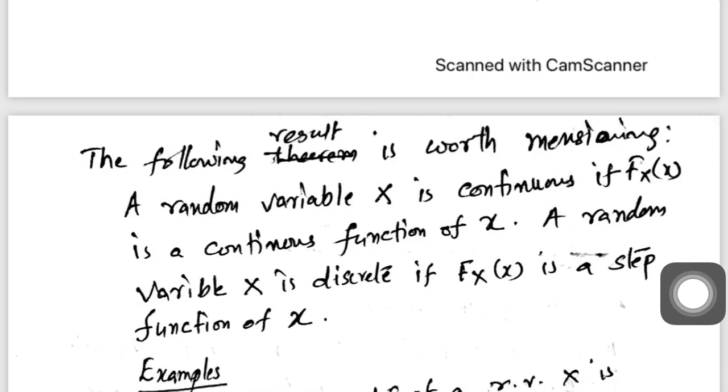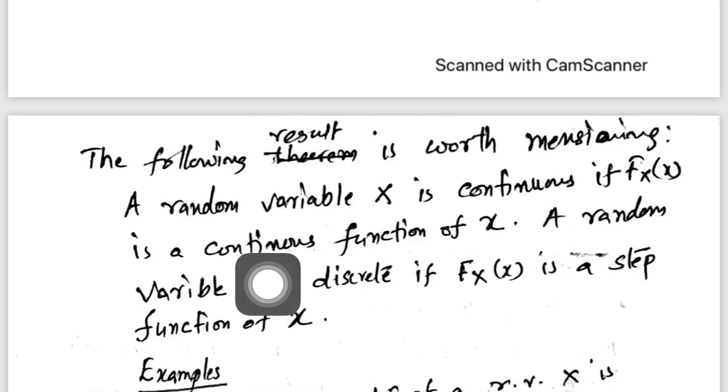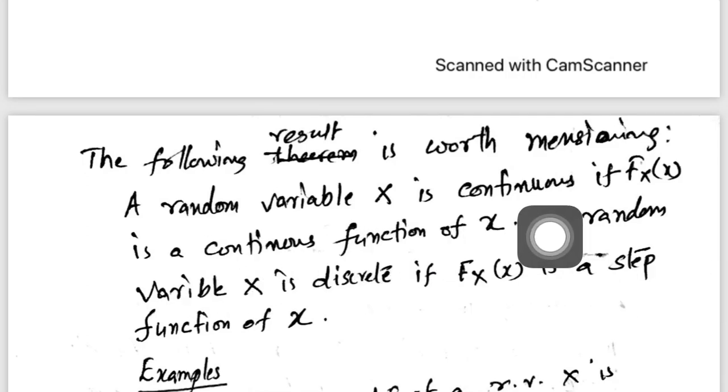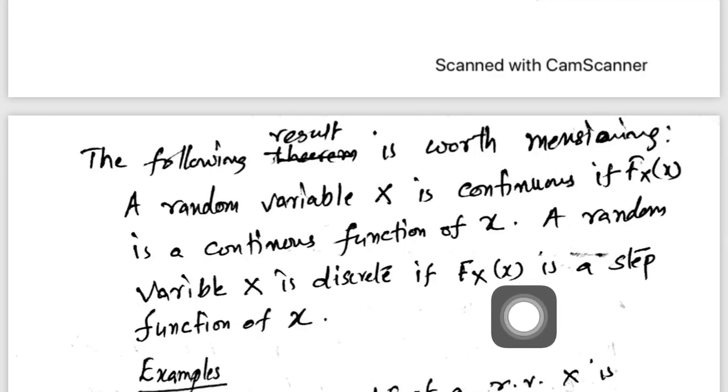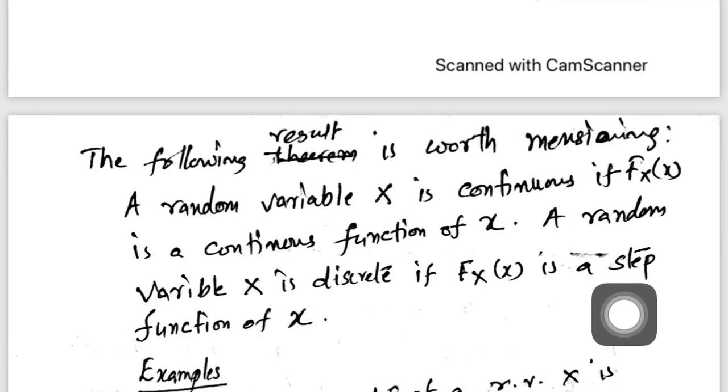Okay, and we can see some results. You have an alternative definition of a random variable like this. A random variable X is continuous if capital F(x) is continuous, and a random variable X is discrete if the distribution function is a step function of x.